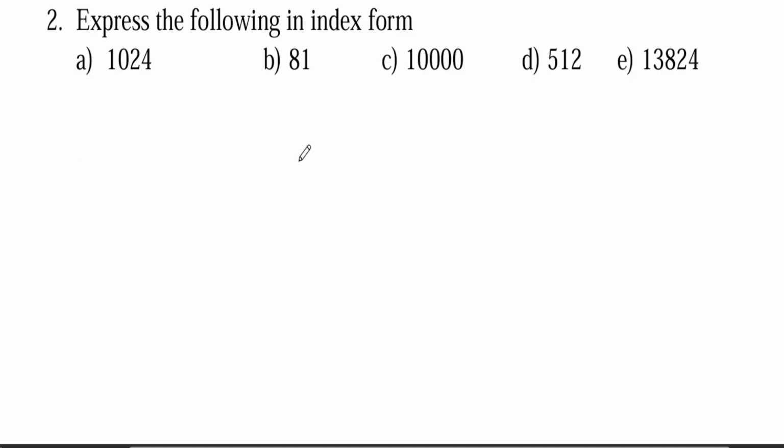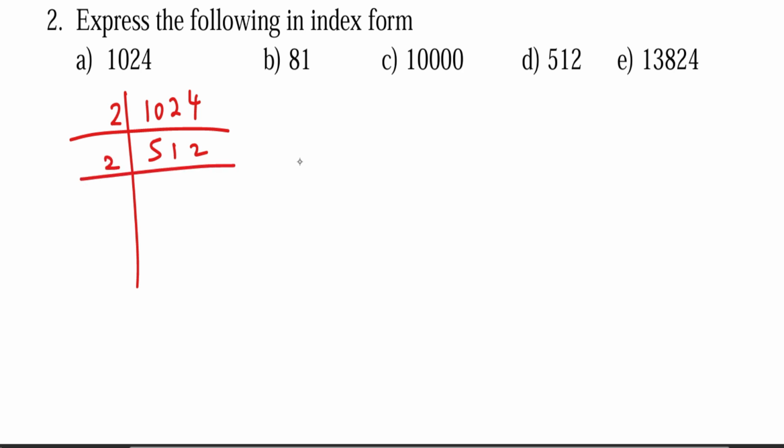Now, question 2 is a question that you can try by yourself. Hopefully you've paused it and tried it. Question 2, express the following in index form. The same thing. There's a number that you can divide 1024 by, obviously 2. So 1024 divided by 2 gives you 512.